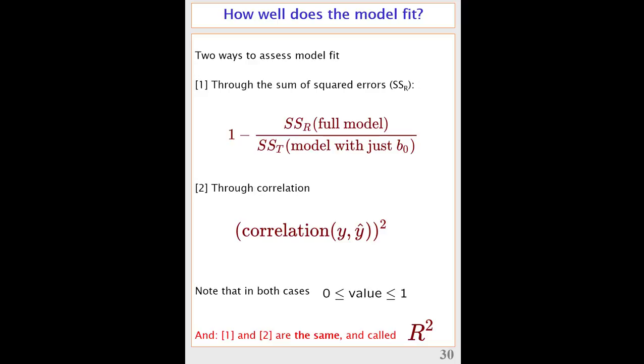We start with a very poor model, just including the mean. So we predict the target variable y just by guessing the mean of y. That's not a very good model. It gives us a total sum of squares over there. And what we do is compare this to how far off we are when we include all the predictor variables that we did. That could be 1, that could be 2, that could be 20, doesn't matter.